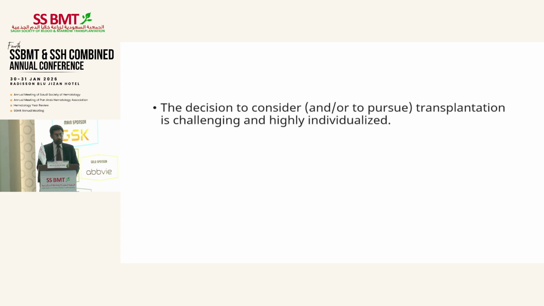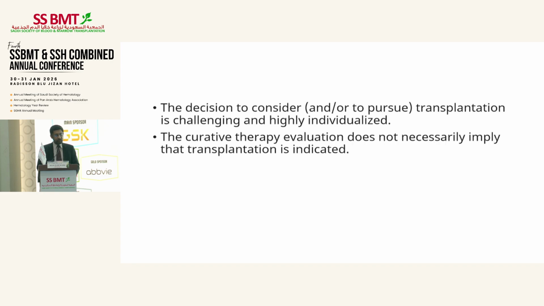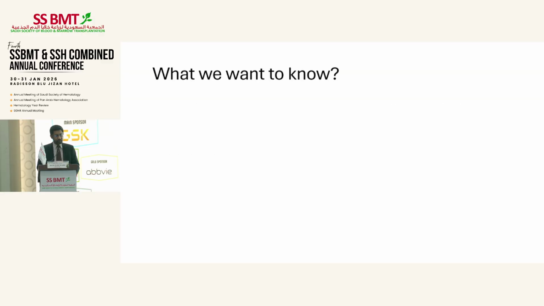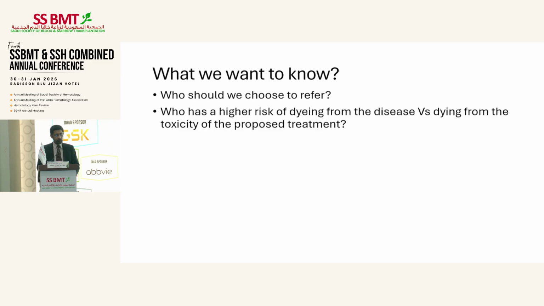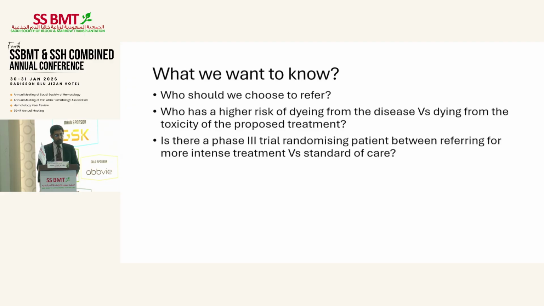How to consider referring a patient for gene therapy or stem cell transplant will depend on our clinical judgment and the type of disease the patient has. So who should we choose to refer, and who has the higher risk of dying from disease versus dying from toxicity from the proposed treatment?